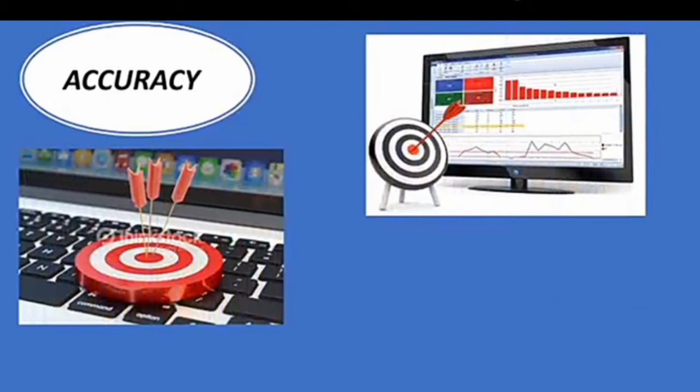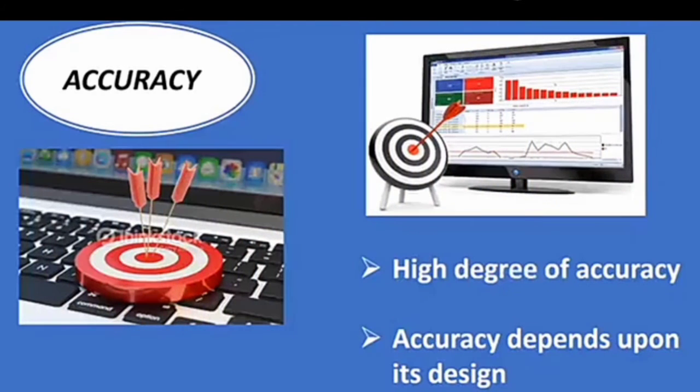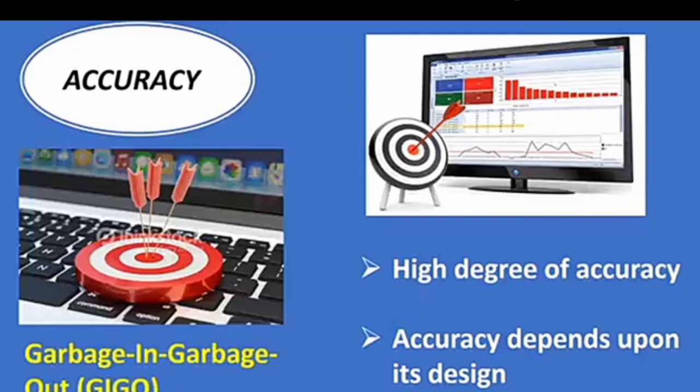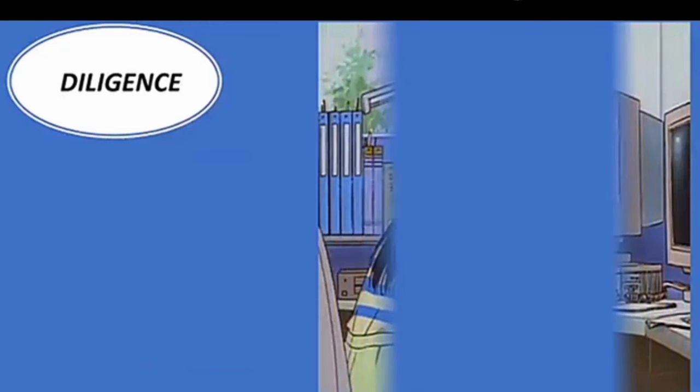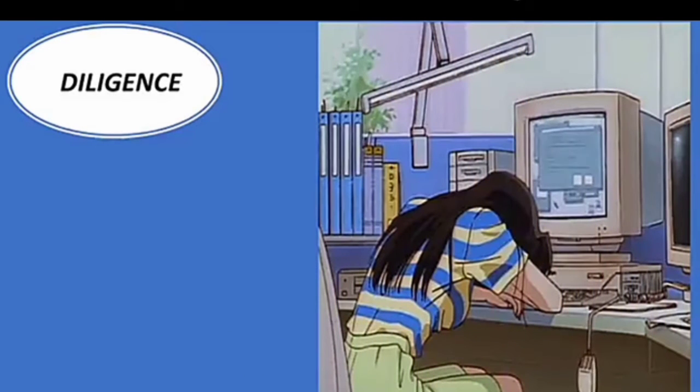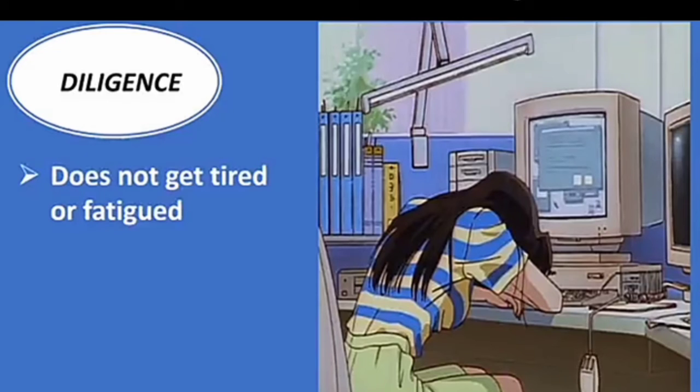Computer provides a high degree of accuracy. Accuracy depends upon its design. Computer errors caused due to incorrect input or unreliable programs are referred to as garbage in, garbage out. Diligence. The computer does not get tired or fatigued when used for a longer period of time.